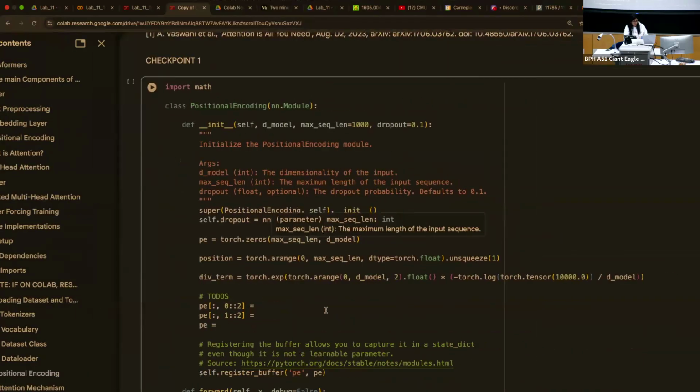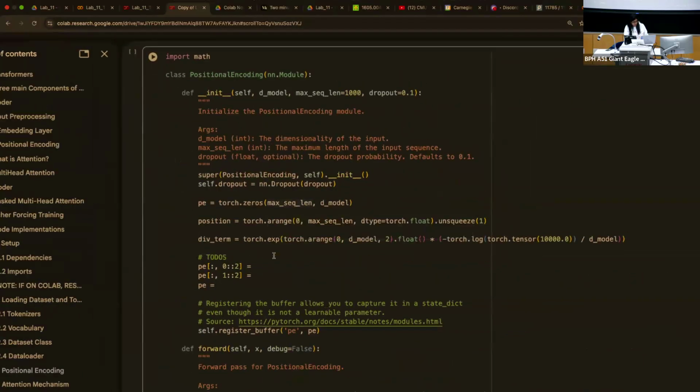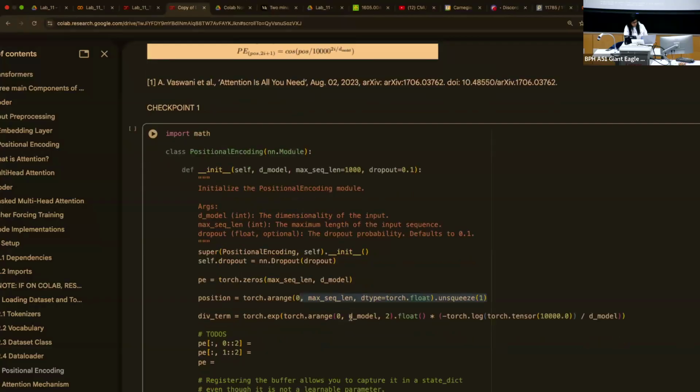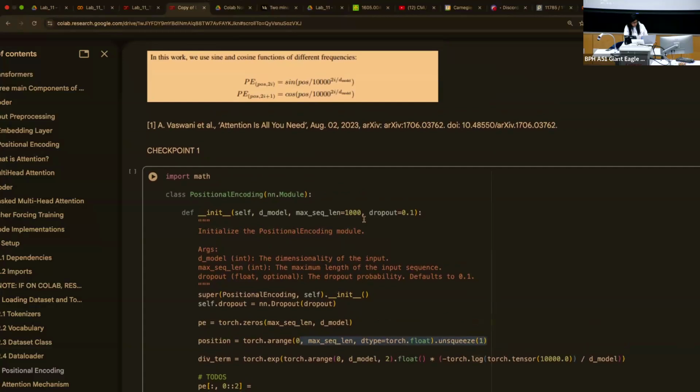We have already made this position array of sequence length, and also the div term. Div term is basically 1 upon 10,000 to the power 2i by d_model.